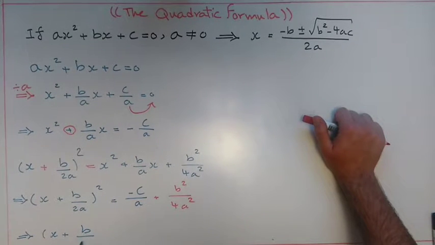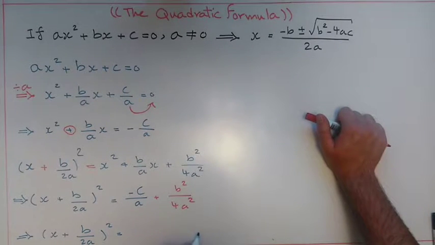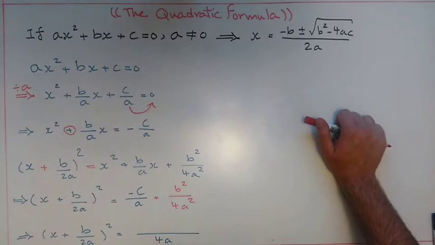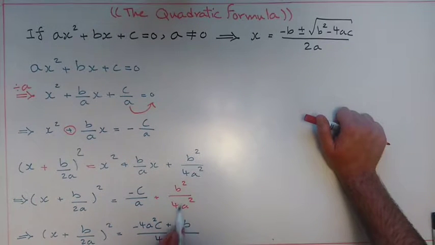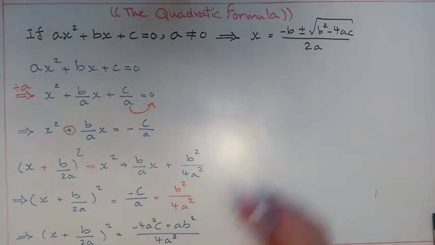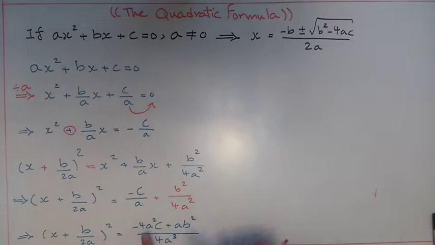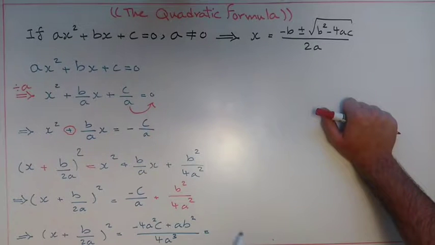Now I find the answer to this addition. Therefore, x plus b over 2a squared equals, I'll multiply these two values. I get 4a cubed on the bottom, and on the top we have negative 4a squared times c plus a times b squared. Now, as you see here, I can factor an a out. So I do that.